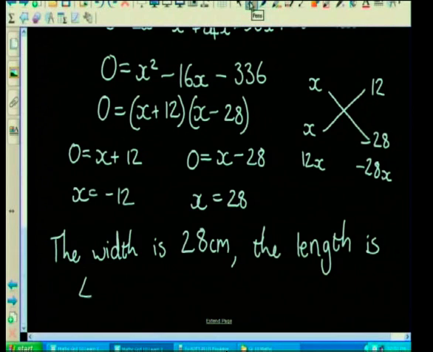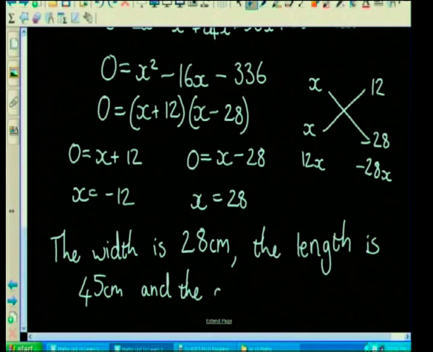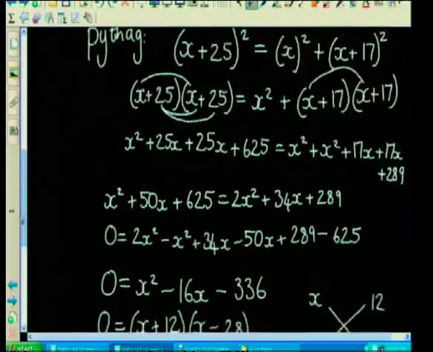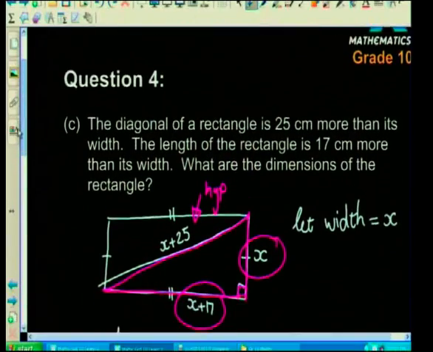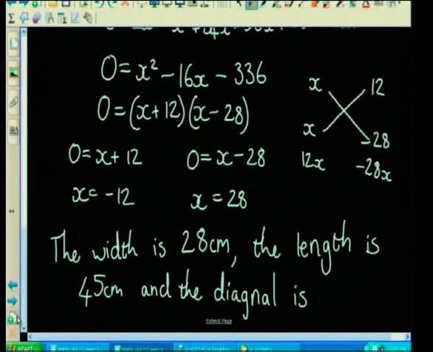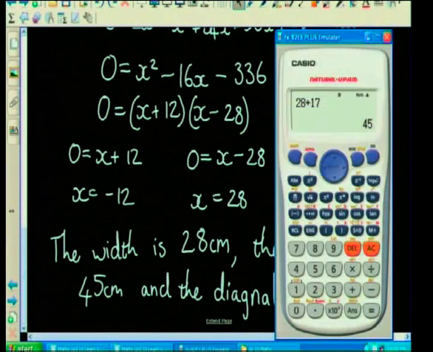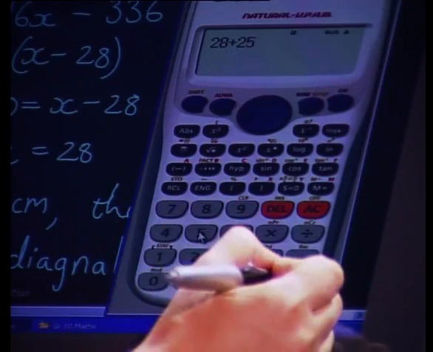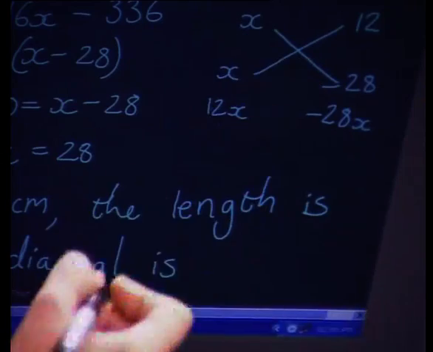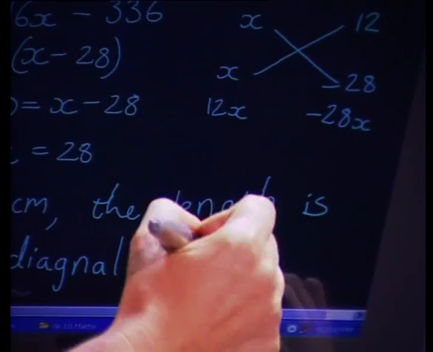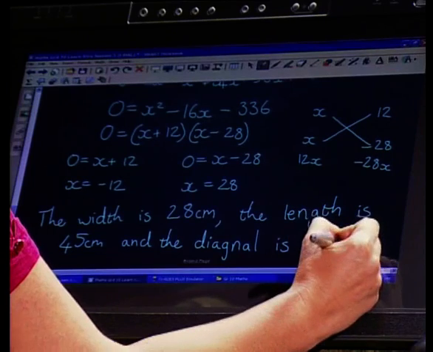The length is 45 centimeters, and the diagonal is x plus 25, which means it's going to be 43. Let's just check that. 28 plus 25 is not 43, it's 53. Good thing we check it. Is 53 centimeters.